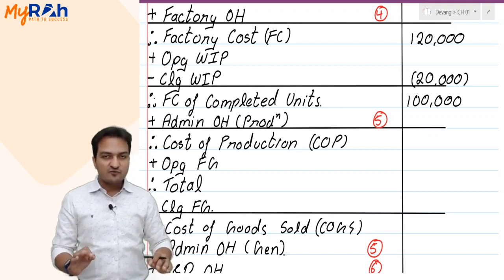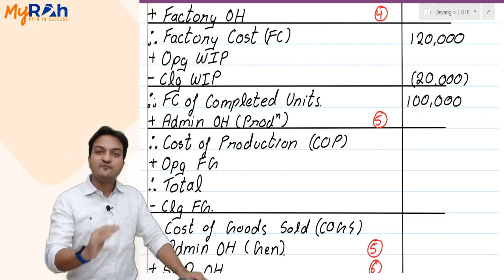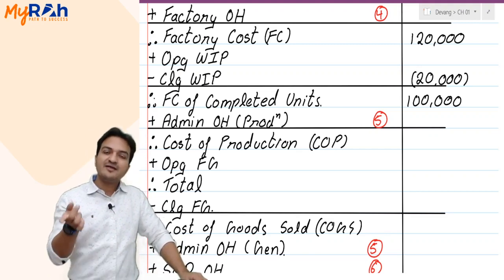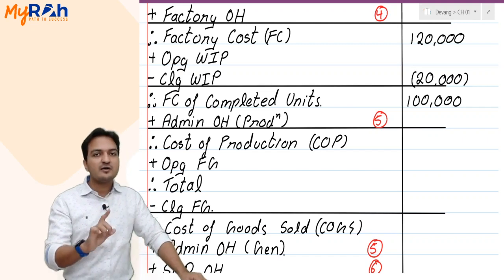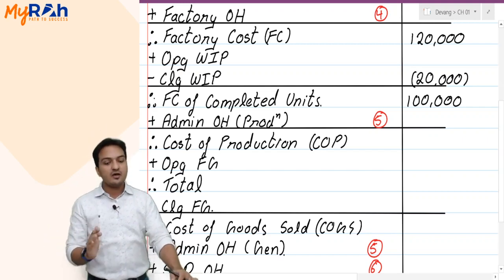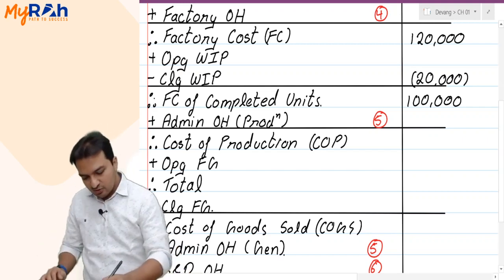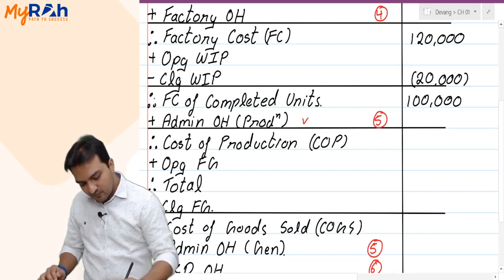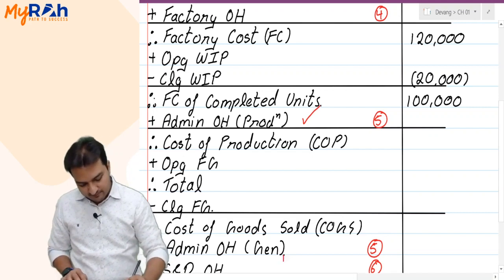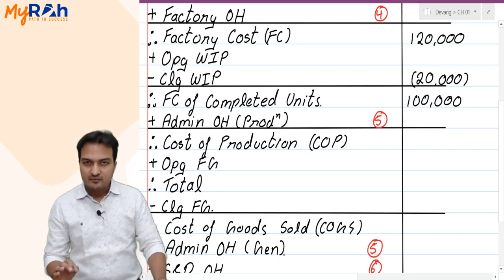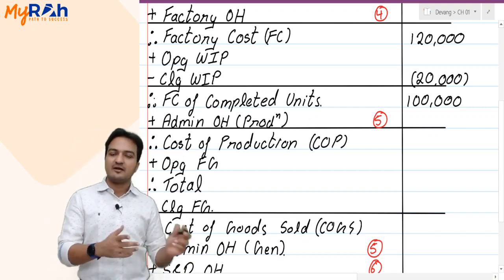So, admin overheads might be incurred for production units, or might be general. As of now, in this chapter, whenever you are given a question, you will be told whether it is general admin or whether it is incurred on production units. If it is incurred on production units, you will put that over here. But if it is general admin, you will put that over here. If nothing is mentioned, then you assume it is general admin.